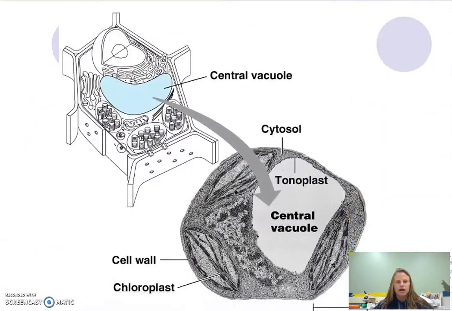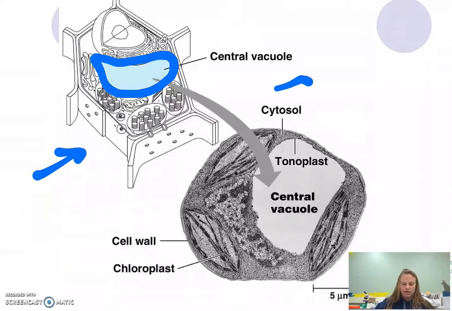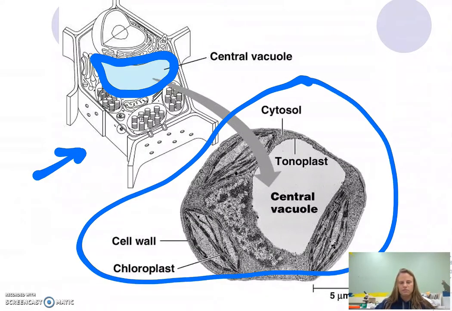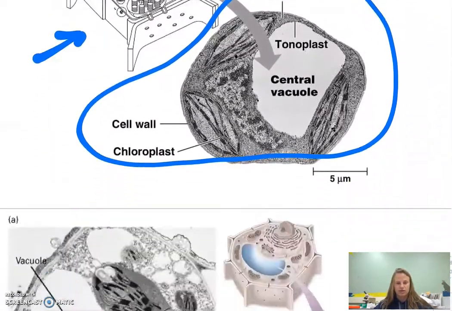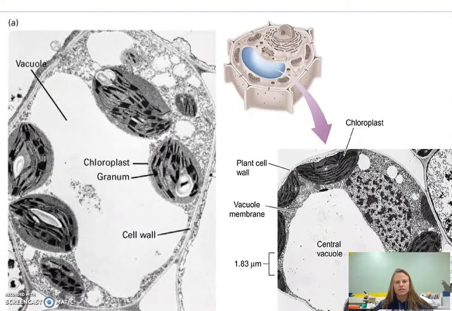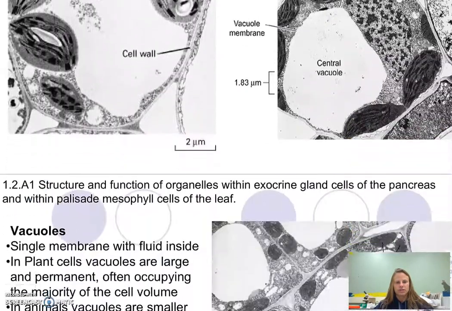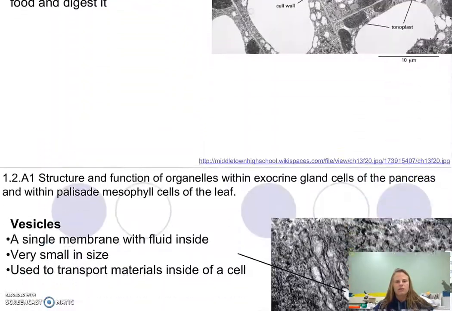So here's the artist's rendition of a chloroplast and that central vacuole, and now here is the actual image of the central vacuole, sorry. Again, artist rendition and actual pictures showing plant cells. So here's a nice little summary slide about vacuoles.